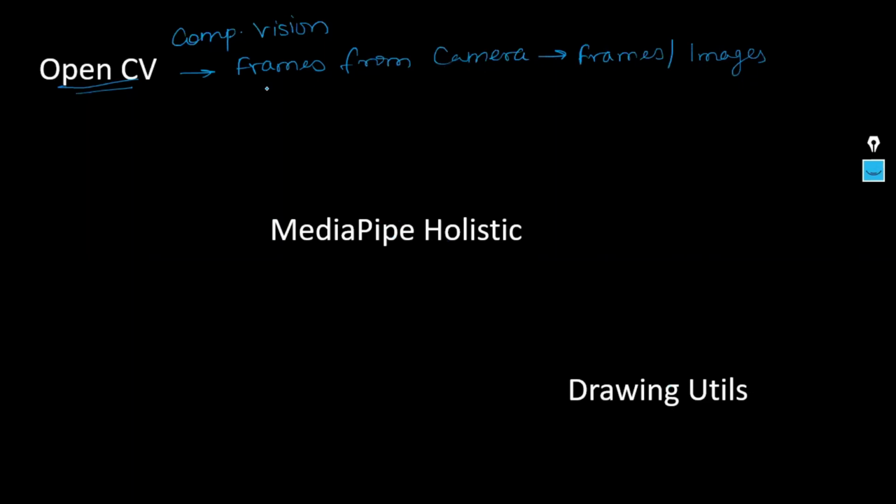So these are the frames which we took, and they have some object, some person image. What we'll do is, it will go through MediaPipe Holistic. Here in MediaPipe Holistic, it will just track where the body parts are, where his hands are, where our legs are, where his shoulders are, and for the face, for example, where our eyes are.